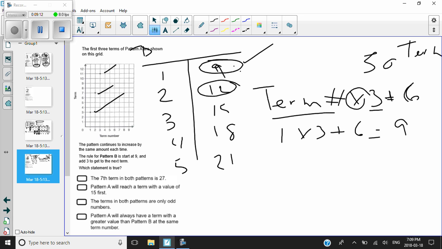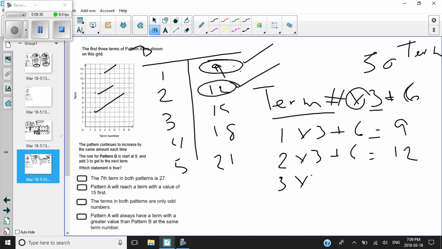Check. Let's try the second one. 2 times 3 plus 6. 2 times 3 is 6, plus 6 is 12. Okay, so it works for the second one. Excellent. Let's try the next one.